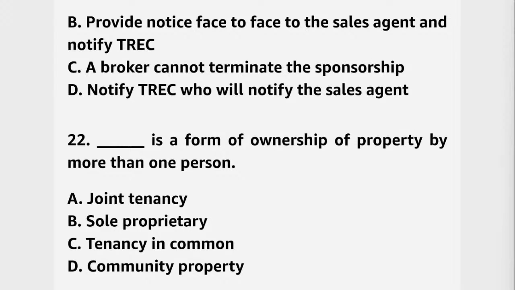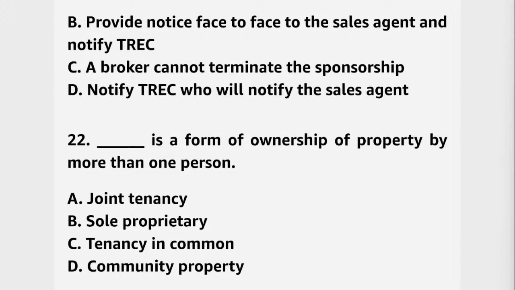They have equal interest. If it's two individuals, it's 50-50. Or if it's four, it's 25, 25, 25, 25. And then possession means they have 100% possession of the property, not just by the amount that they own.